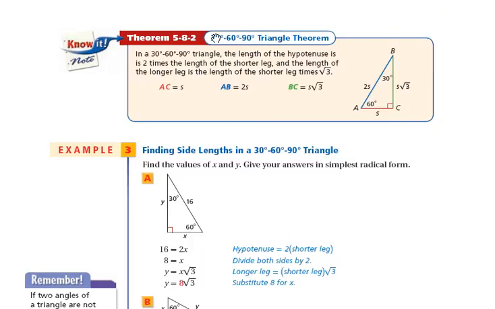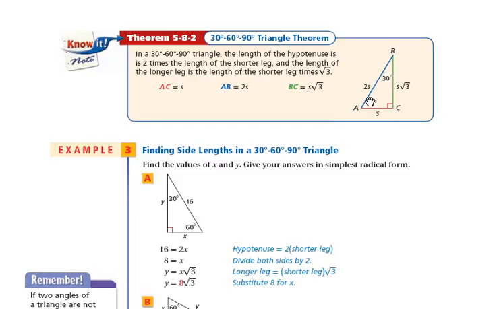Here's a theorem for a 30-60-90-degree right triangle. It says the length of the hypotenuse is 2 times the length of the shorter leg, and the length of the longer leg is the length of the shorter leg times the square root of 3. So we have our one side here.